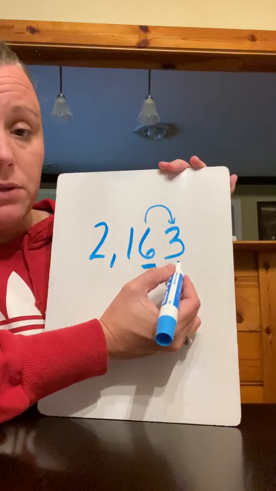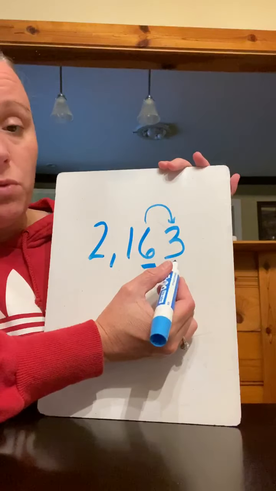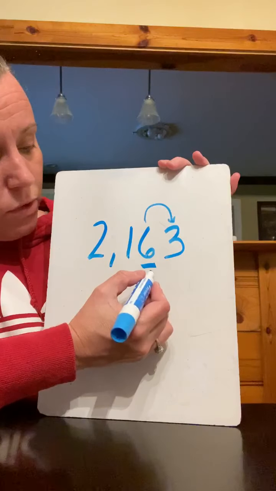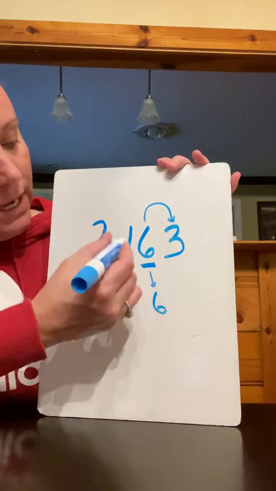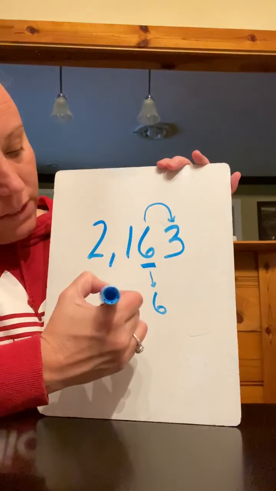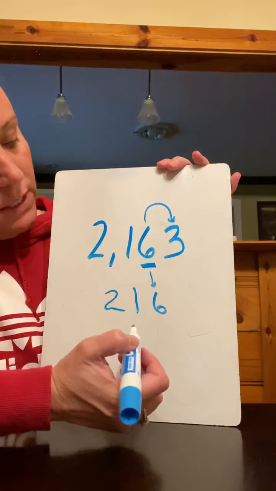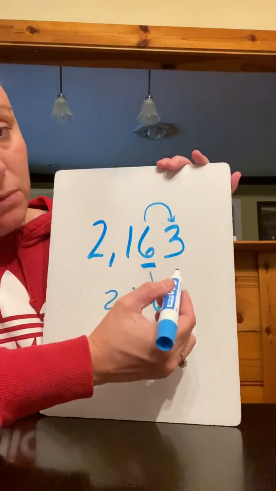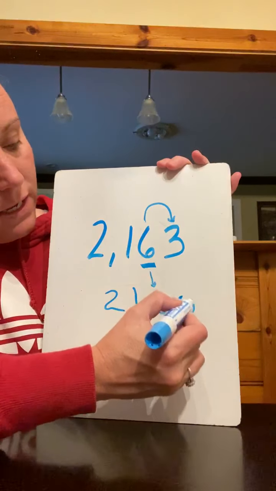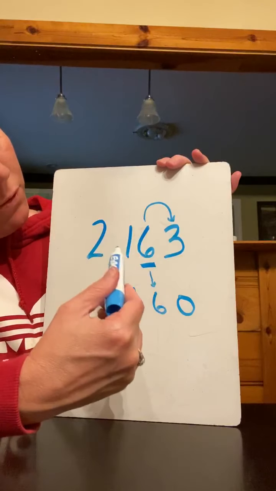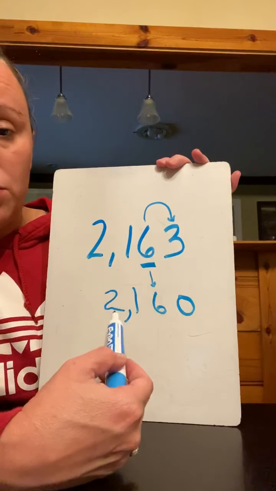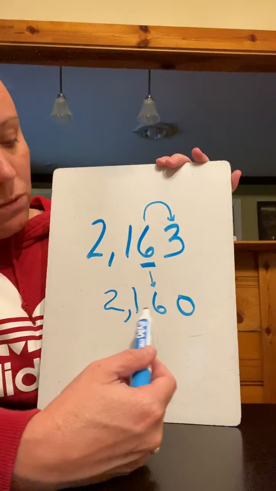Well, of course, we know a 3 is less than 5, so we do not add one more to this number. So we know this number stays a 6. Numbers in the front, so this number, 2 and 1, stay the same. Numbers in the back, zeros the name. So if I round this to the nearest 10, it will go from 2,163 to 2,160.